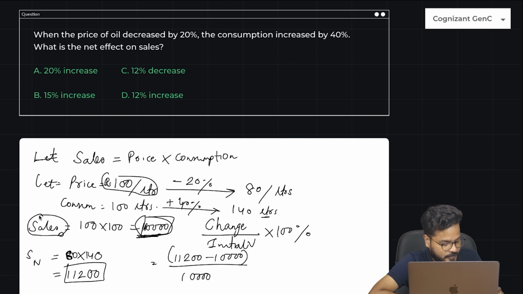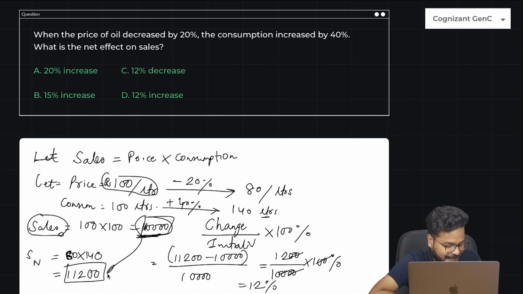Similarly, the original price would always be the denominator here. Yeah. 12% what? Definitely an increase, right?